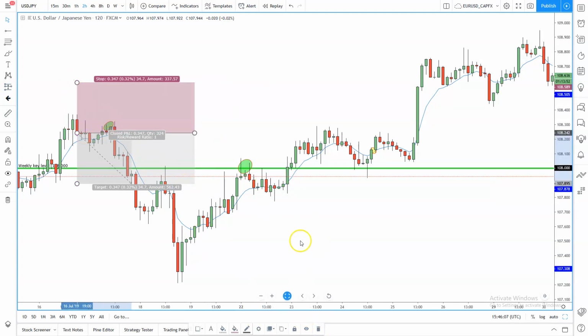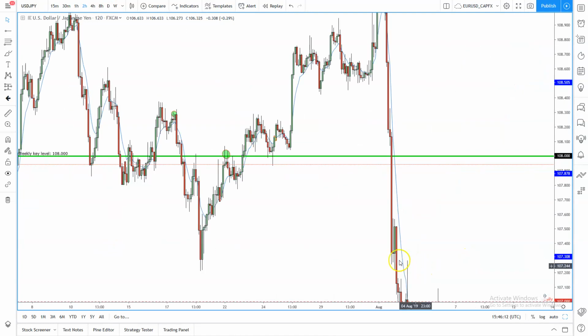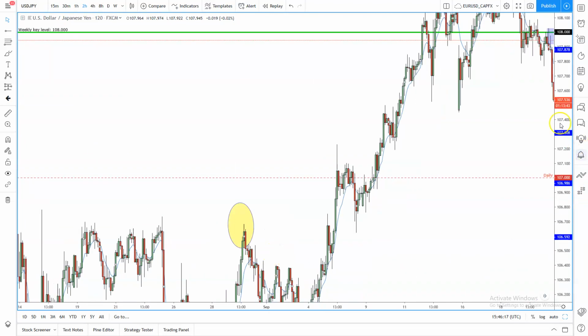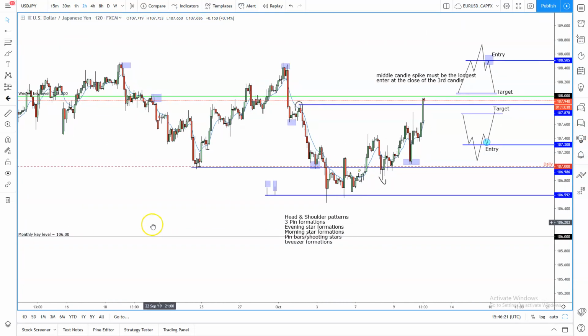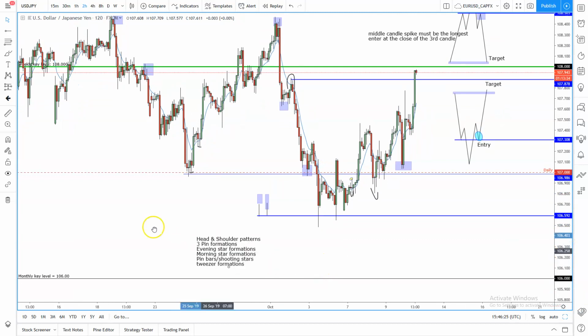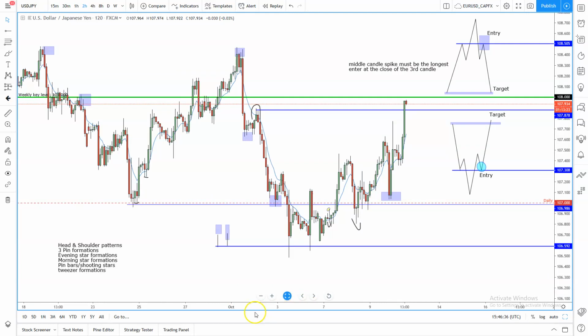Alright, so let me just go back to where we were. In terms of identifying the trend, whether we're in a downward trend or an upward trend, that is the bulk of the work. And then what should follow next, you should be able to identify these candlestick formations on your charts.